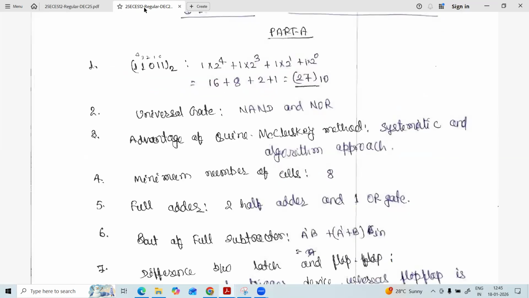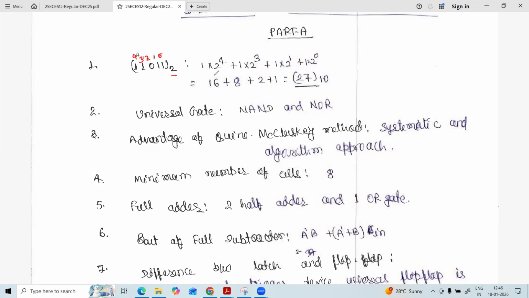Now, if you see, the first question is to convert this binary number into decimal. For that, binary is a weighted code, that's why we write positions 0, 1, 2, 3, 4. After that, we expand. Whenever you expand any number with its radix, it gives the decimal equivalent. Here the radix is 2.